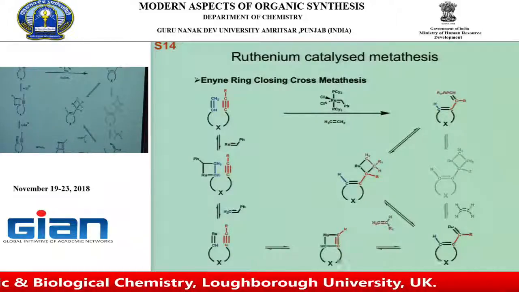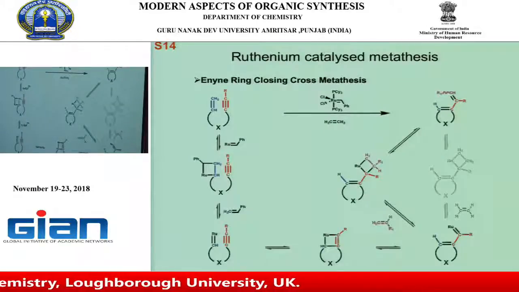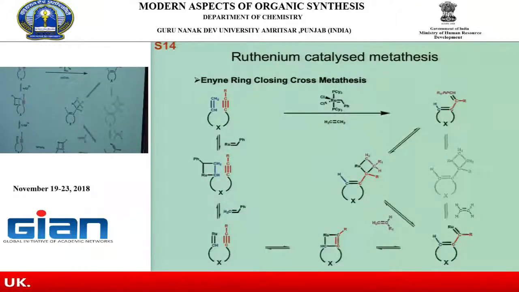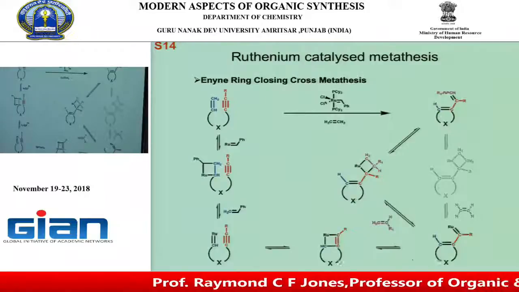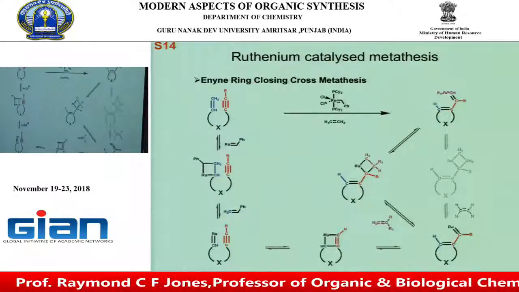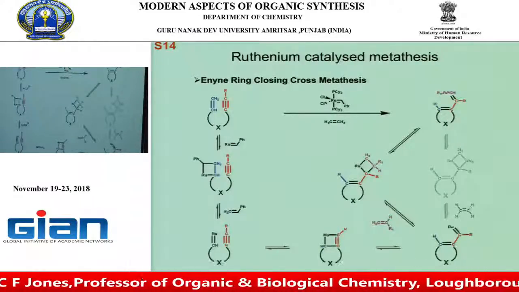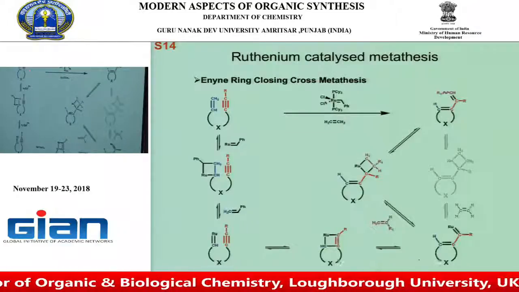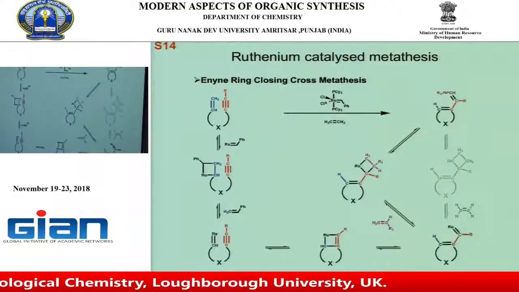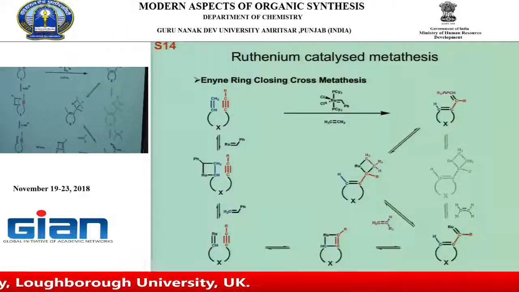There's evidence now that you can predict which of two alkenes will add fastest to the ruthenium. Certainly the least substituted alkene will always be faster than a more substituted one, but I'm pretty sure that it's known that alkenes add faster than alkynes.